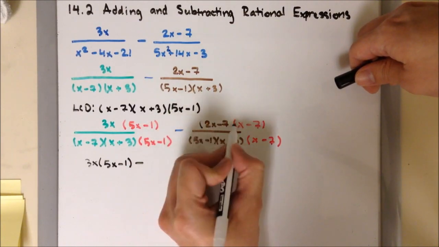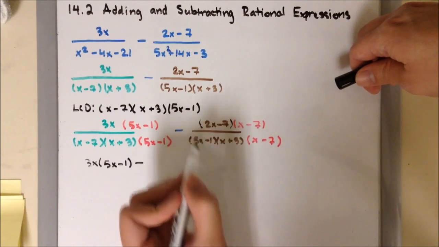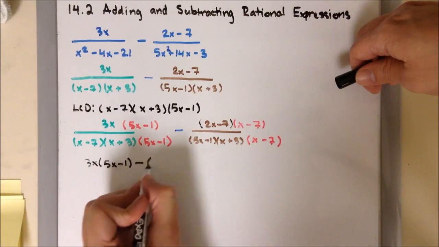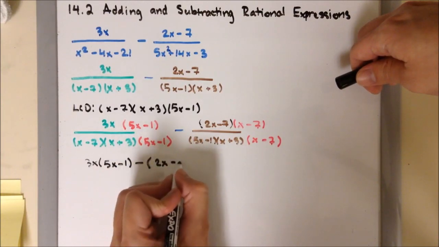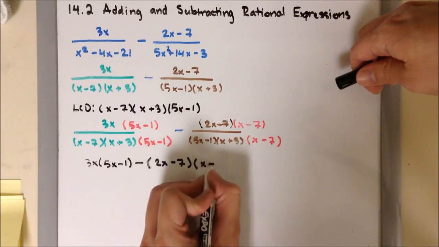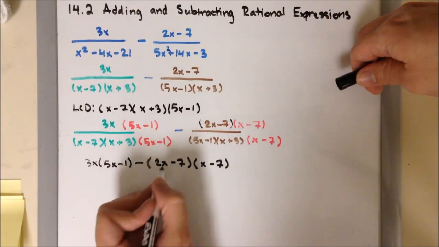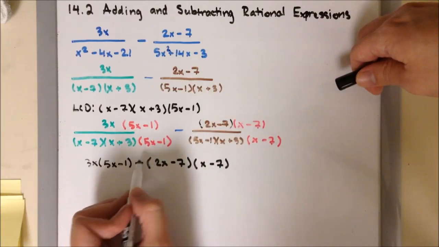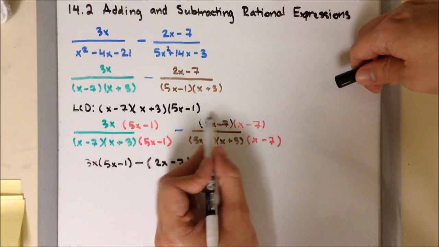So I'm going to put it in parentheses, and then bring the x minus 7. The reason I'm putting the numerator of the second fraction in parentheses is because of the minus, and it's an expression.